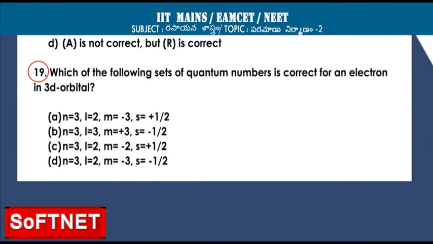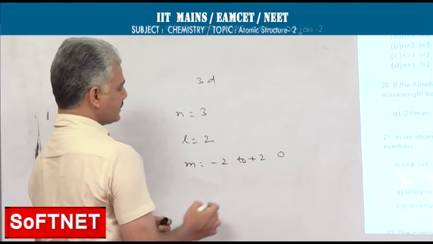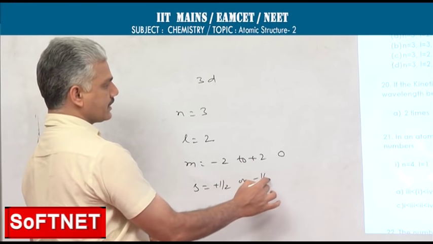19th question. Which of the following set of quantum numbers is correct for an electron in 3d orbital? 3d orbital means n value is 3, l value is 2, m value can range from -2 to +2 including 0, and s can be either +half or -half.